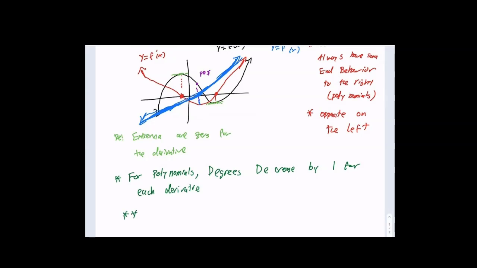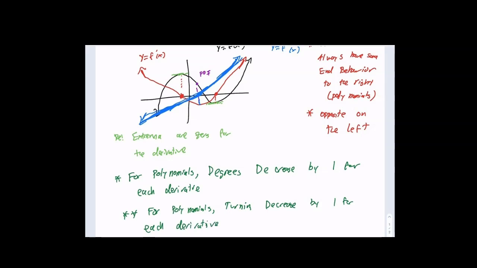And the same thing happens for the turning points. For polynomials, turning points decrease by 1 for each derivative.